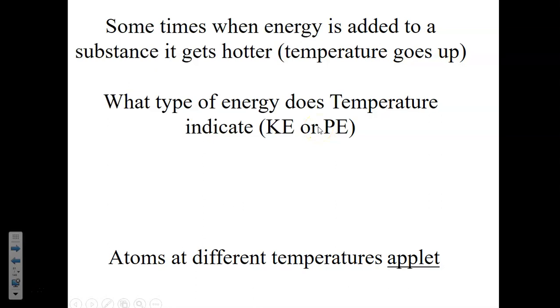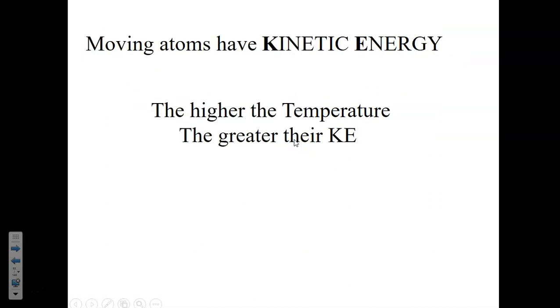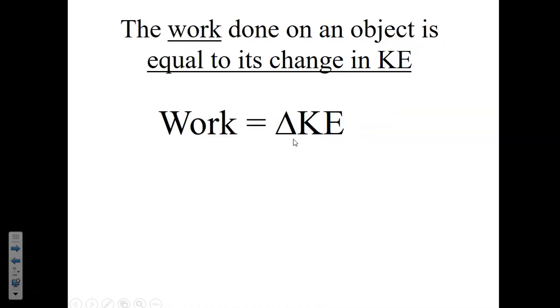So if the atoms move more quickly, when the temperature increases, that means that we've gained what type of energy? We've gained kinetic energy. Okay, so temperature indicates the kinetic energy of the atoms of a substance. So that's also something to keep in the back of your mind. Moving atoms have kinetic energy. The higher the temperature, the greater their kinetic energy.